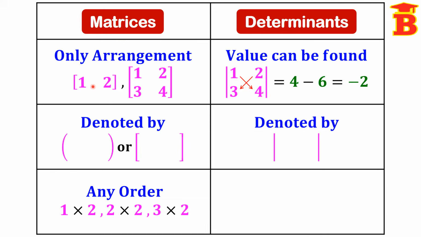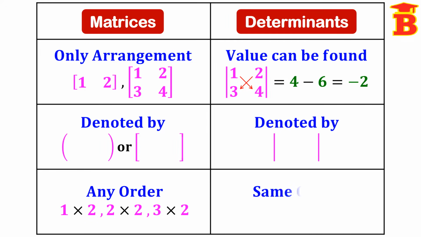Here we have only one row and 2 columns. So this order is 1 by 2. And then this matrix 1, 2, 3, 4. Here we have 2 rows and 2 columns. That means the order is 2 by 2. Similarly, we can have 3 by 2 and so on. So we can have any order.